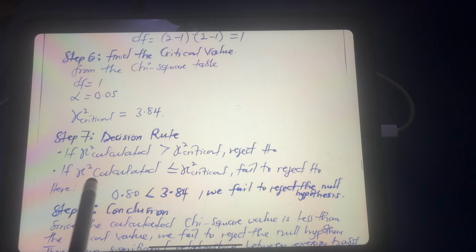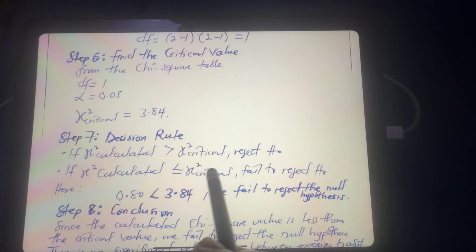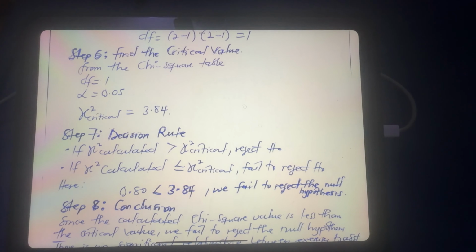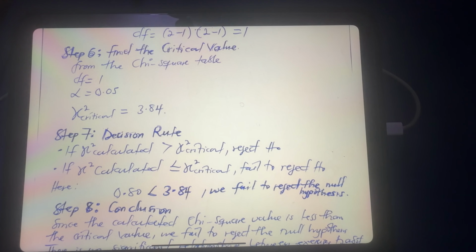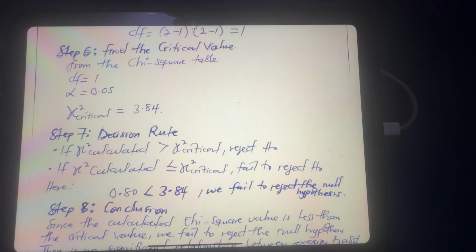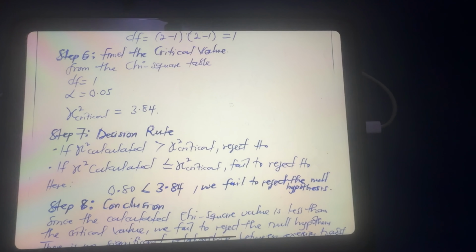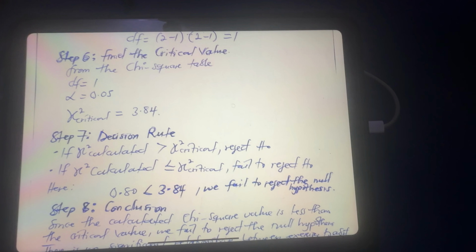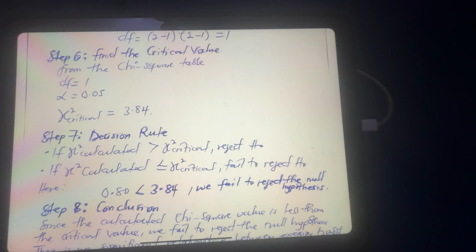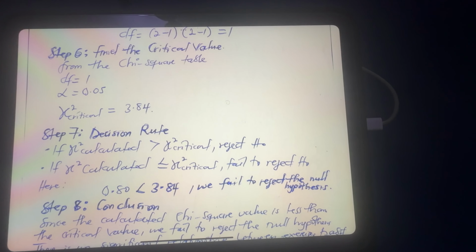Failing to reject the null hypothesis means accepting the null hypothesis. But in statistics, we don't want you to use the statement accept the null hypothesis. We want you to use fail to reject. That's the meaning. Is that okay?